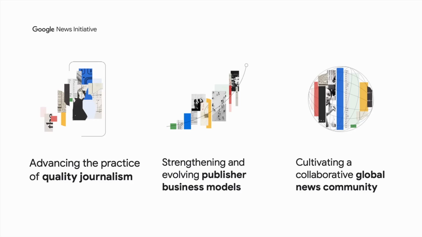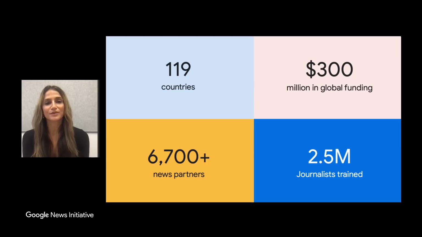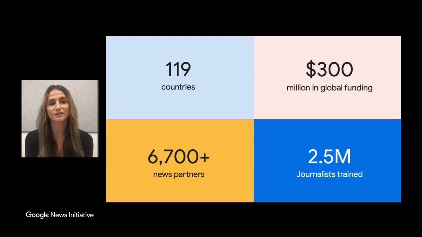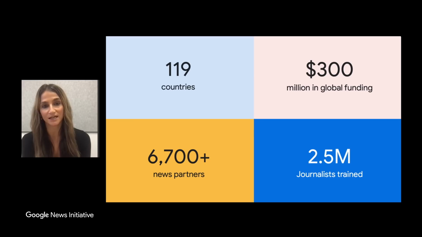Some of you might be familiar with the Journalist Studio, which uses AI and machine learning to help journalists with research and storytelling. Since its launch in 2018, the GNI has supported more than 6,700 news partners in 119 countries through a $300 million fund.